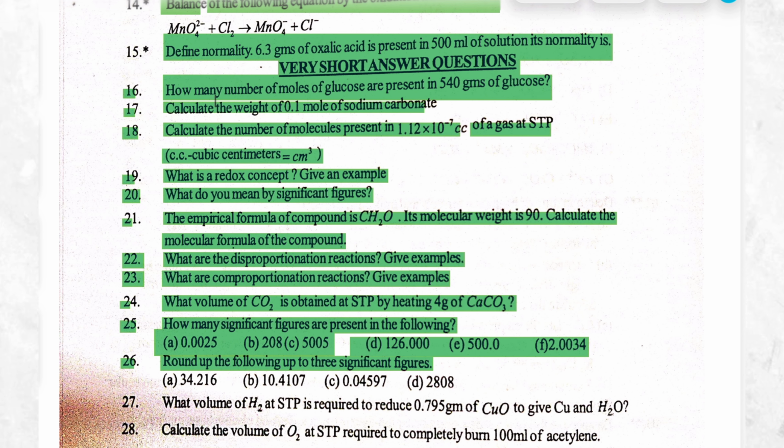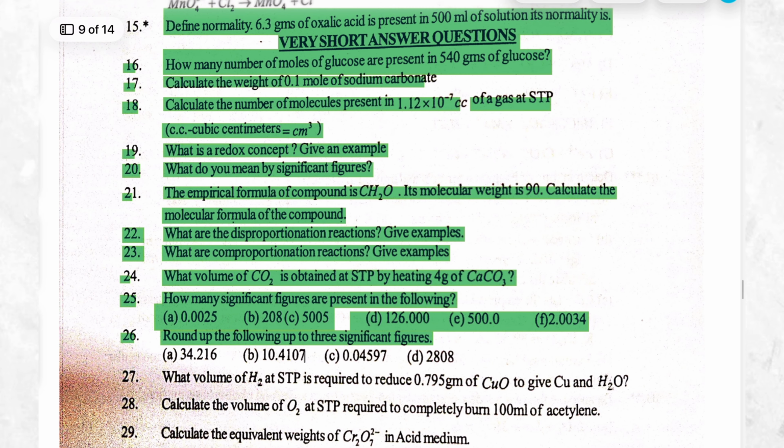How many moles of glucose are present in 540 grams of glucose? Calculate the weight of 0.1 moles of sodium carbonate. What is redox concept? Significant figures, empirical formula CH2, disproportionation, comproportionation, and 24 also important.